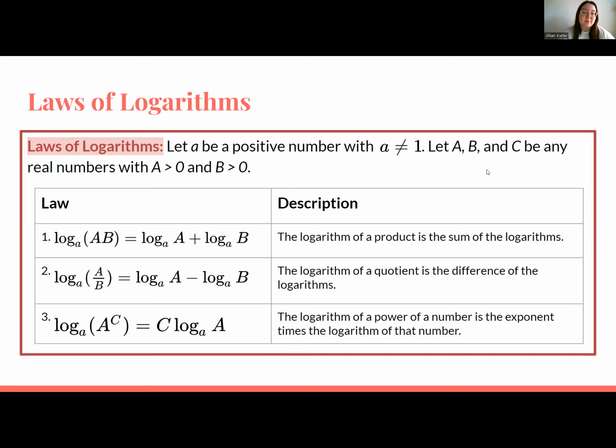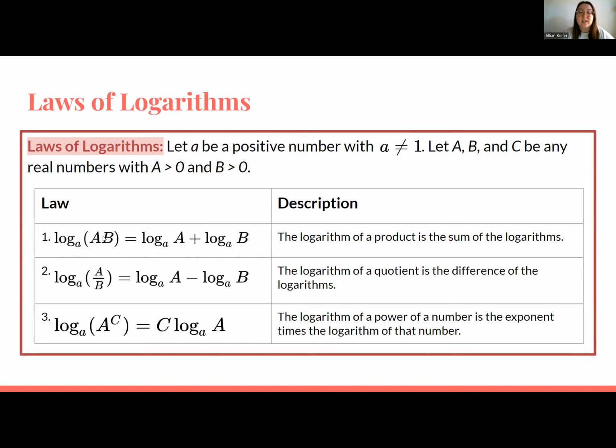For the first law of logarithms, we have log base lowercase a of capital A times capital B can be separated into log base lowercase a of capital A plus log base a of capital B. So if two numbers are being multiplied within the logarithm, you can break them up into two completely separate logarithms with the same base.